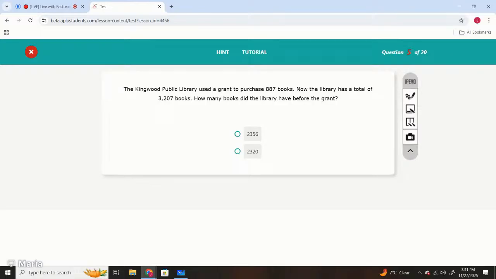The Kingwood Public Library used a grant to purchase 887 books. Now the library has a total of 3207 books. How many books did the library have before the grant?